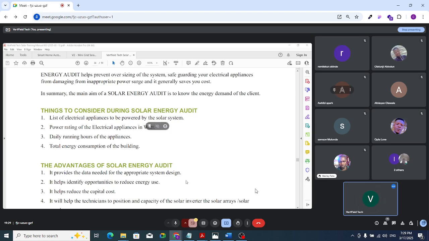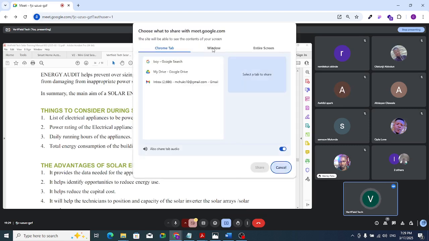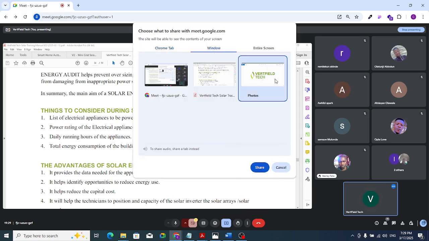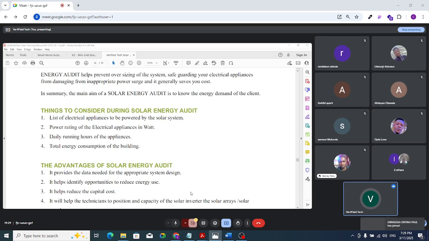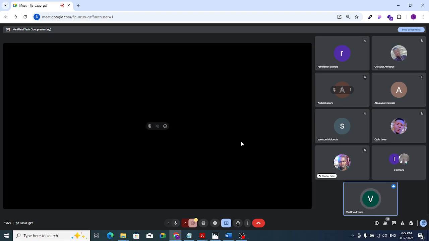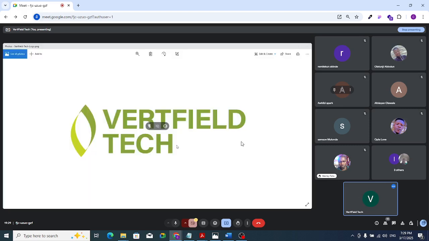So, for the purpose of tonight's class, we are discussing a topic called load analysis. What is load analysis? You can write, please. Load analysis is a calculation or series of calculations which tells you your energy need.